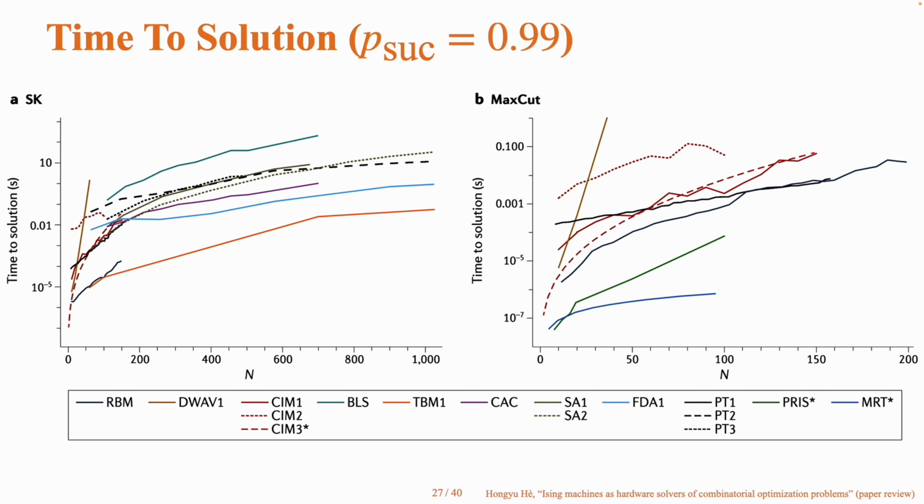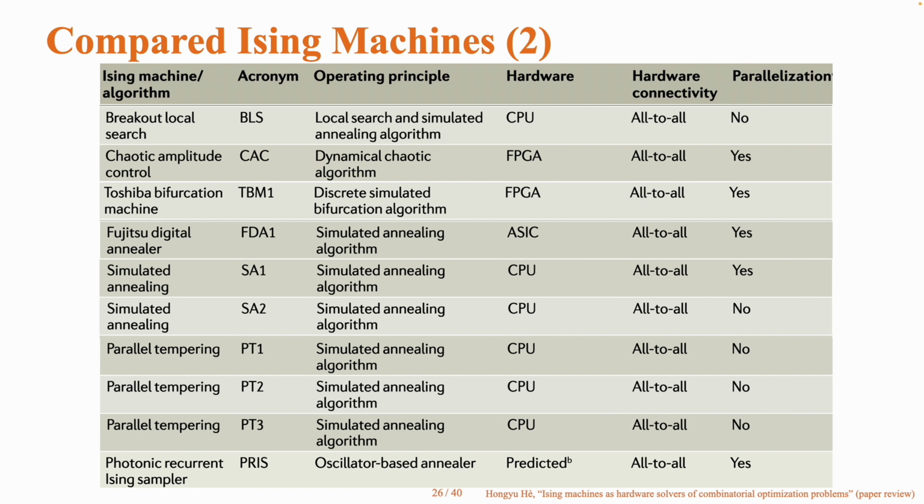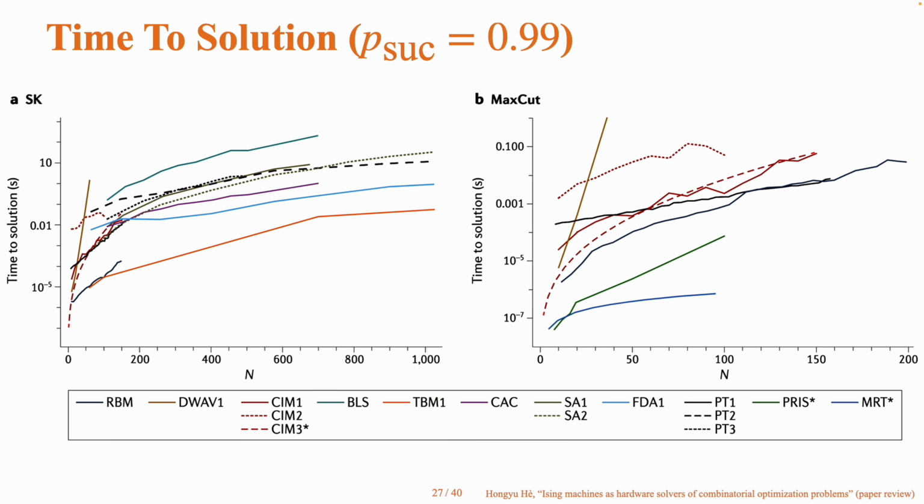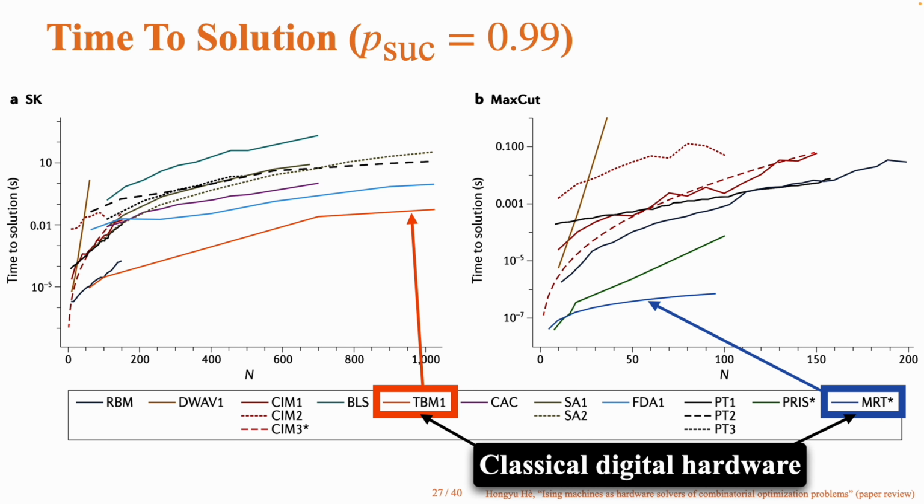Sorry, remind me what TBM was. Yeah, TBM was the FPGA implementation of the bifurcation machine. And one thing I forgot to mention, the reason why the TBM really wins, they mentioned, was probably because of the inherent parallelism, because on an FPGA you have everything happen all at once, you have spatially distributed units, so the parallelism is massive there.